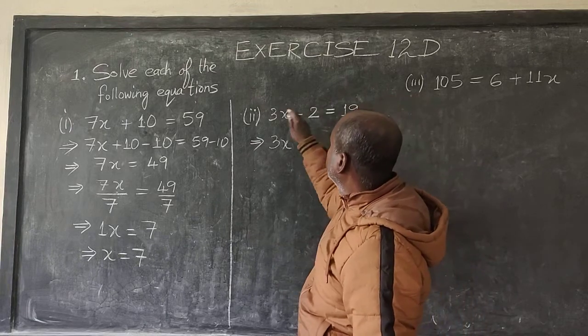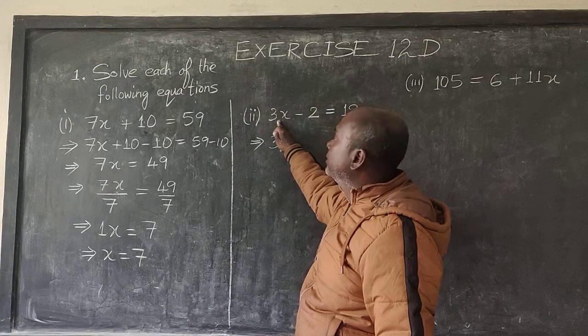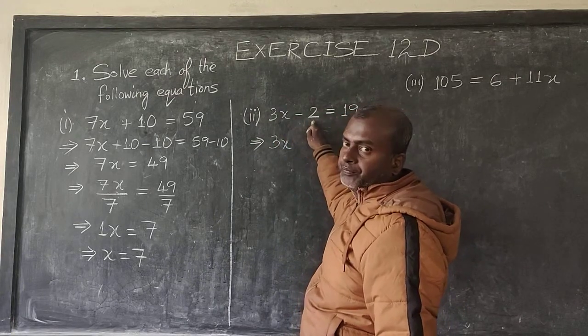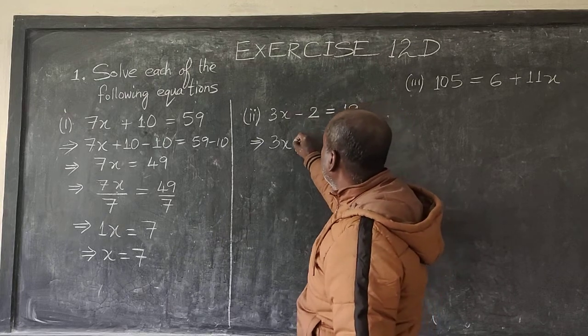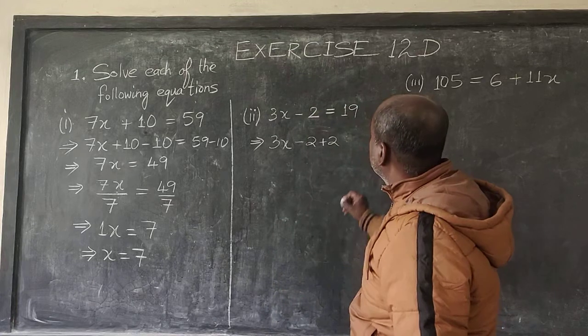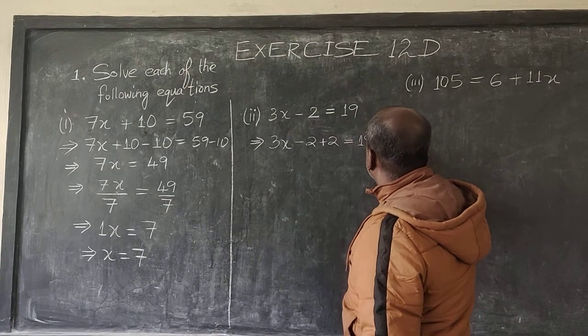There are two constant numbers here. First is minus 2, the second one is with x, that is 3. So first we are going to remove the farthest one from x, minus 2. To remove minus 2 in the inverse method, we give a plus 2. So on the right hand side also we will give plus 2.